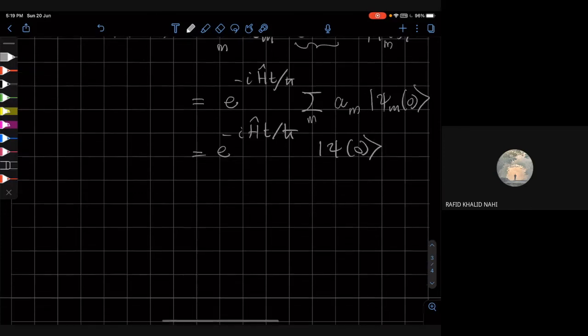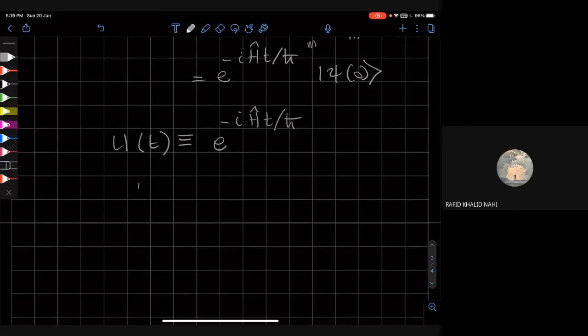So if I denote this operator by U of t, it's defined as e to the power minus i H t by h bar, then we see that psi, any arbitrary state at time t, is given by the action of U of t on psi at time 0.